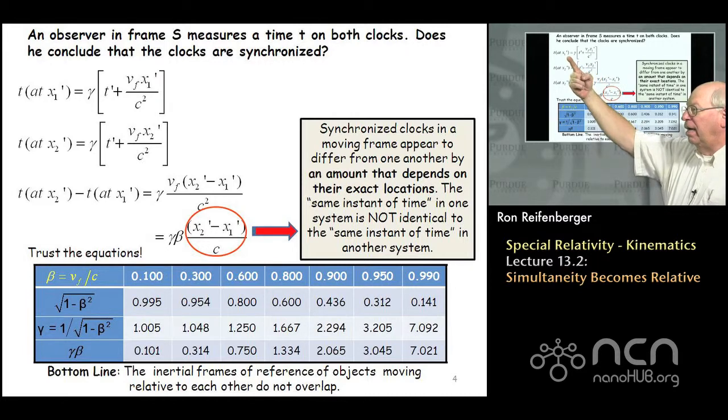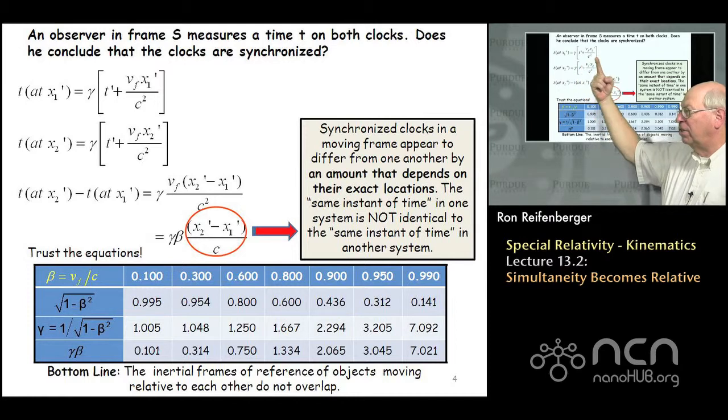I ask, what time does the observer measure on the clock at position x1 prime? It's given by this expression here, where t prime is the time that the observer in the reference frame S prime would measure.